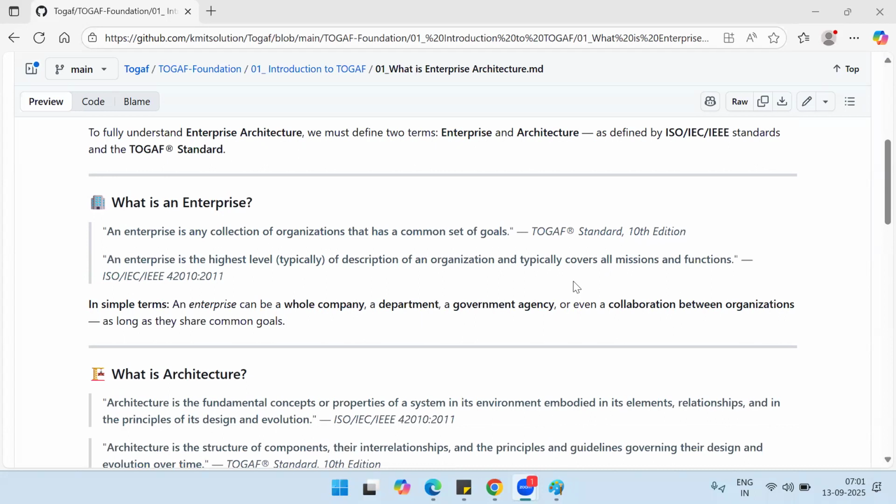Okay. So enterprise architect will focus more on aligning the business strategies, processes, application, data, and technology.